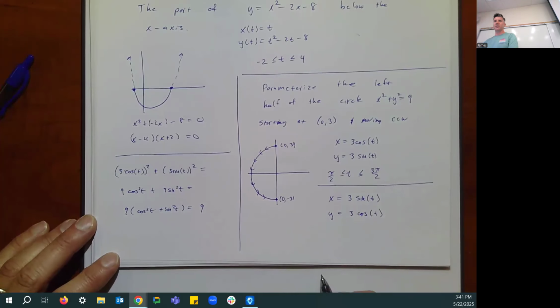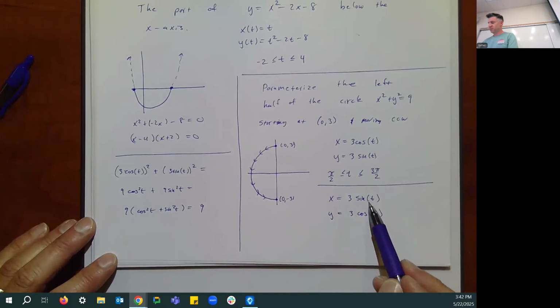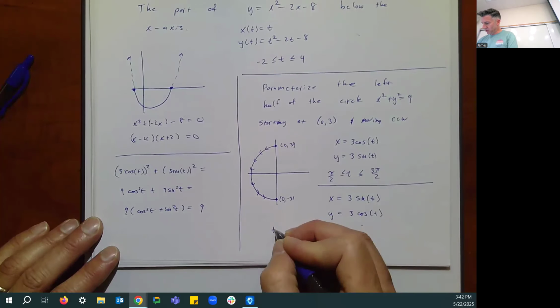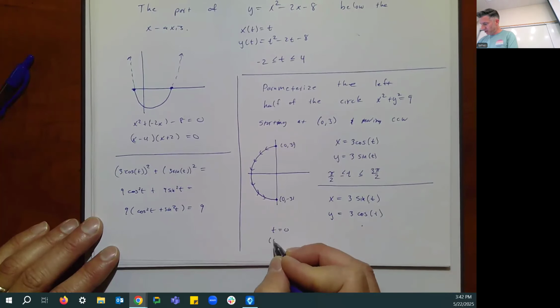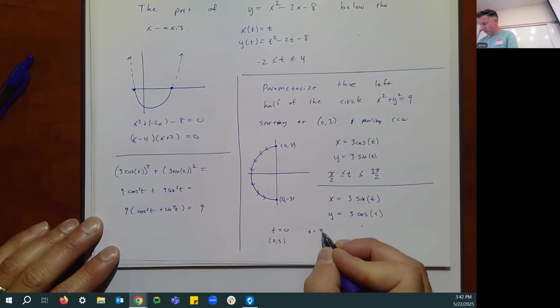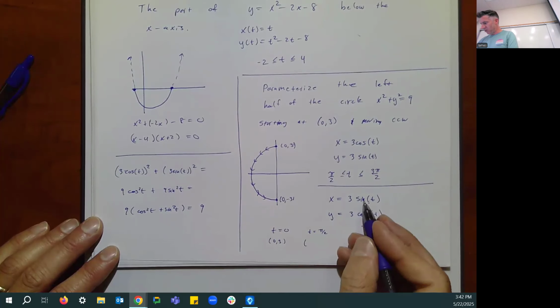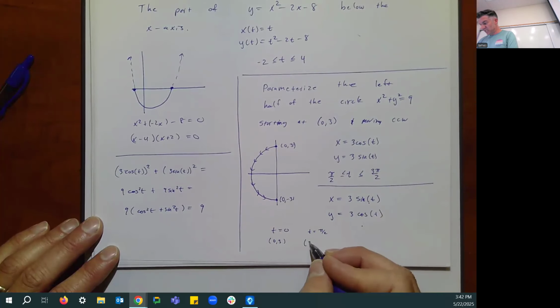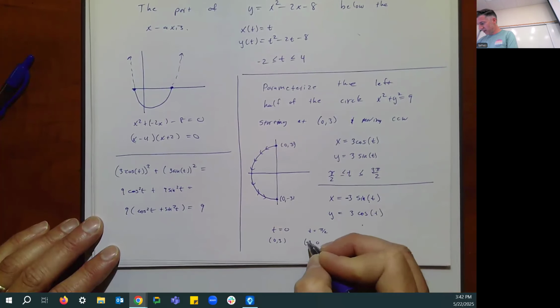Now, if I start at t equals 0, I get the point (0, 3). Looking good so far. If I go to pi over 2, sine pi over 2 is 1 and cosine pi over 2 is 0. So I think I need a negative there to make that work.